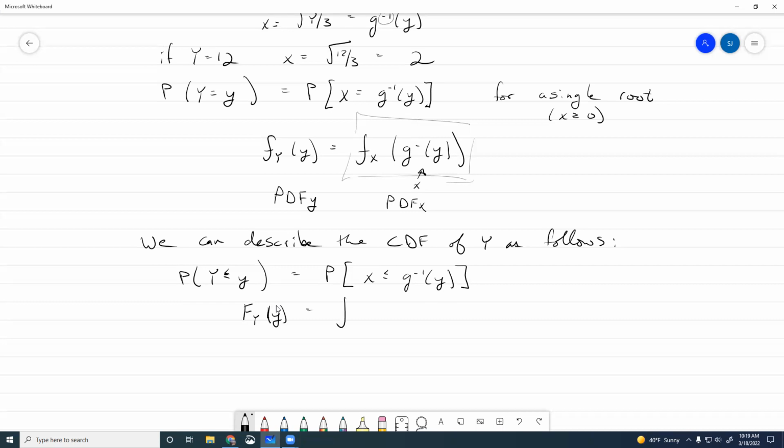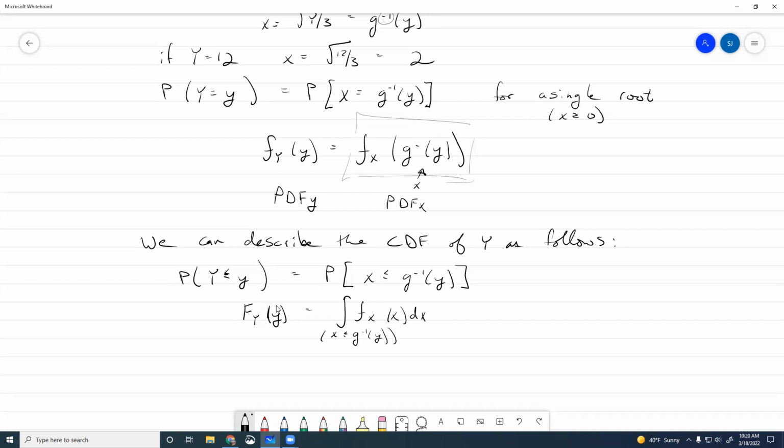And the way we did that in the past is we said that is going to be some sort of integral from negative infinity essentially to y, or up to that value of x. So in this case, we're going to do the integral of our PDF for x less than or equal to the inverse function as a function of y.